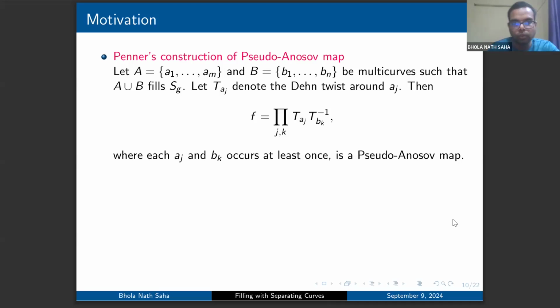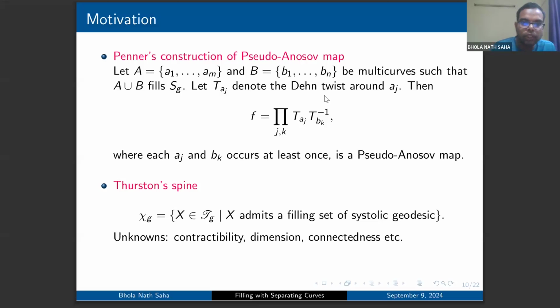So Penner has shown that for this, we take two multi-curves A and B such that A union B fills the surface. Now suppose T_{A_j} denotes the Dehn twist around A_j. Then the function f, which is a composition of T_{A_j} and T_{B_k} inverse, where each A_j and B_k occurs at least once, is a pseudo-Anosov map.